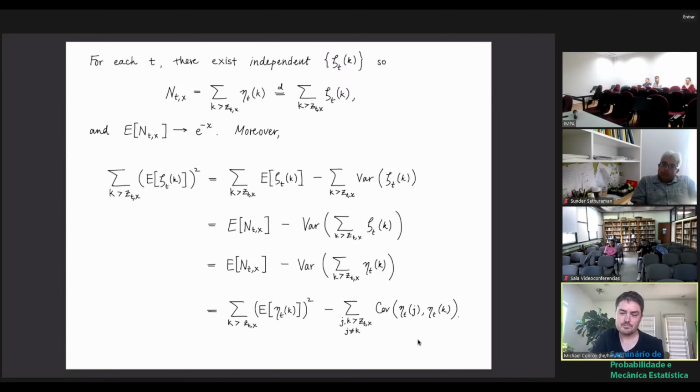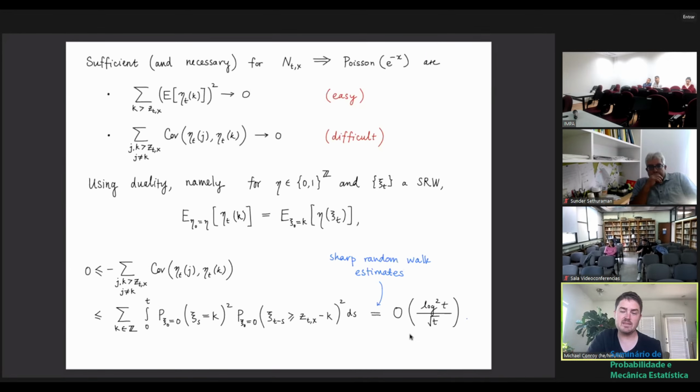So these are negatively correlated, and so we have a sum of two non-negative things. And so this converges, the sum of the squared expectations for the independent Bernoullis converges exactly when the same does for the correlated Bernoullis, and also the sum of covariances converges to 0.